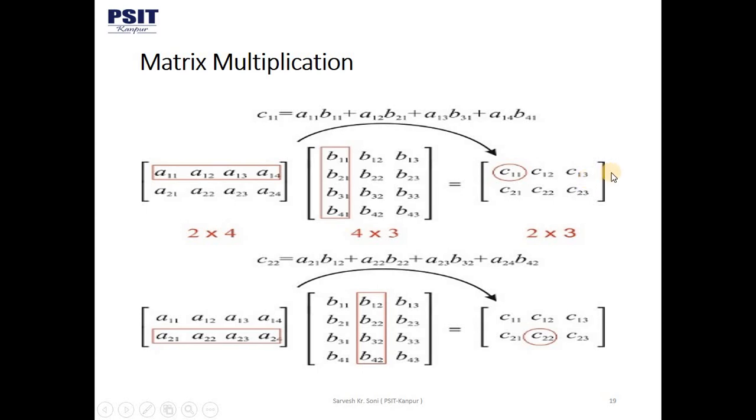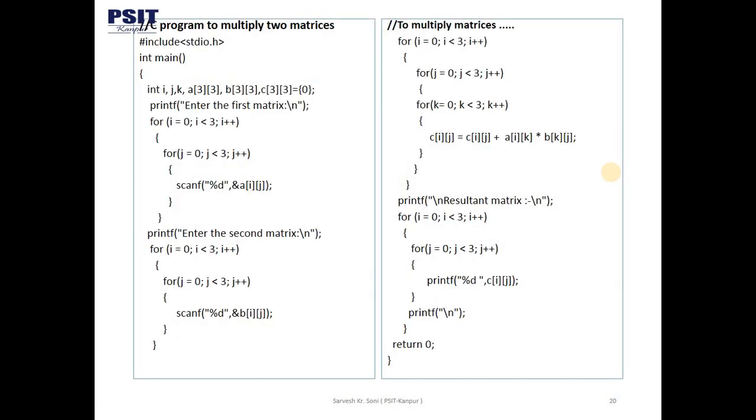Now if we talk about the programming logic and then come to the programming part of matrix multiplication, just include the particular header file. Stdio is required in this program. Start the main function. Inside the main function we have to declare three arrays: A[3][3], B[3][3] and C[3][3].